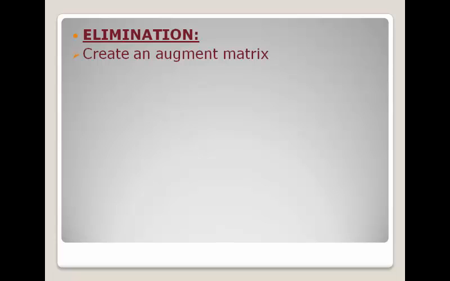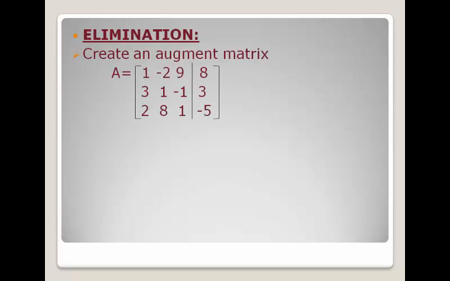In elimination step, what we have to do is firstly create an augment matrix. Now, what is an augment matrix? An augment matrix is a matrix which is formed with the help of all the coefficients of the unknown terms, and as you all can see, the last column of the matrix contains the right hand side of the equations which form the system of linear equations.